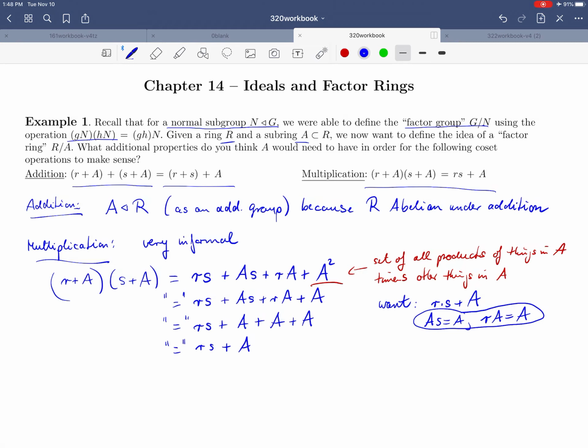This is not automatically true. Remember that s and r are just elements in our ring.